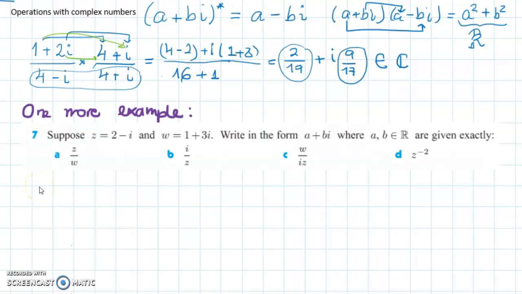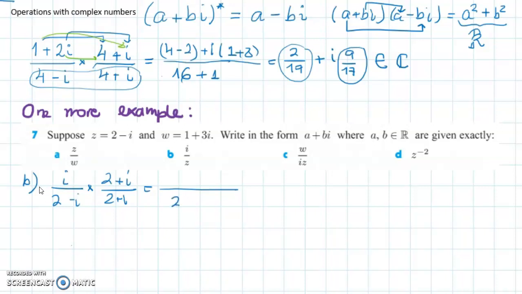Let's do one example from our textbook. Okay, so we have two complex numbers, z and w, and then for part A, it is exactly what we did before, so I'll let you do that alone. For part B, we want to find what is i over z, so i over 2 minus i. So we are going to multiply and divide by the conjugate of 2 minus i, which is 2 plus i. So in the denominator, if we are doing things correctly, we should get a real number.